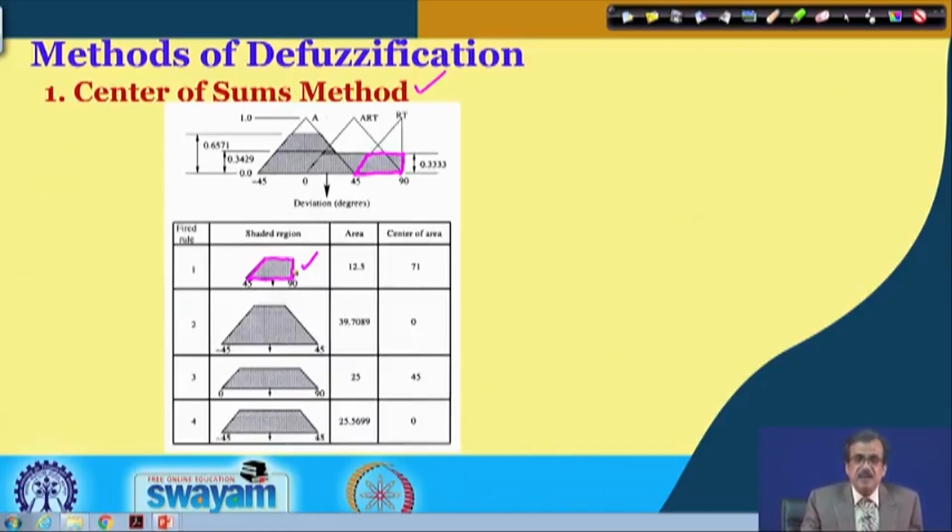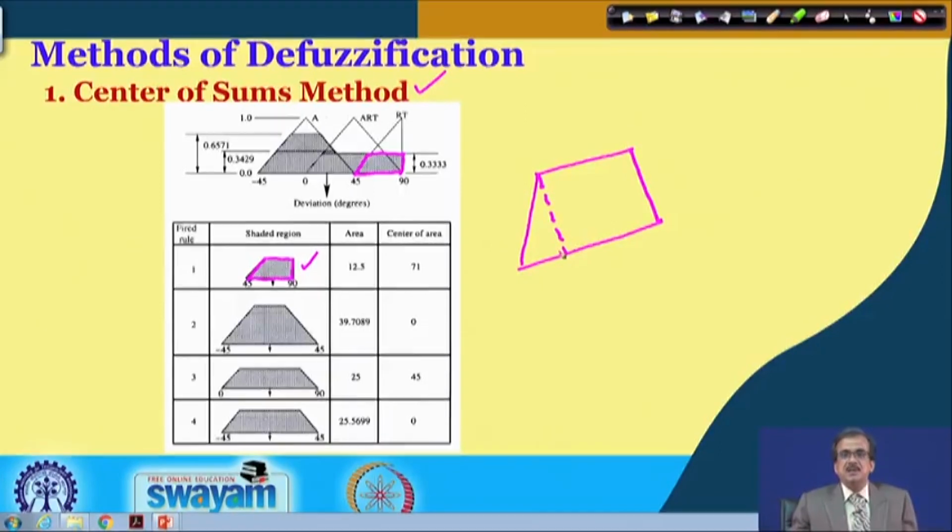To find out the area and center of area, you can do it in different ways. One of the very simplest ways could be something like this. For example, say I have got this type of truncated area. How to find out the area and center of area? It is very simple. You just divide it into two regular regions.